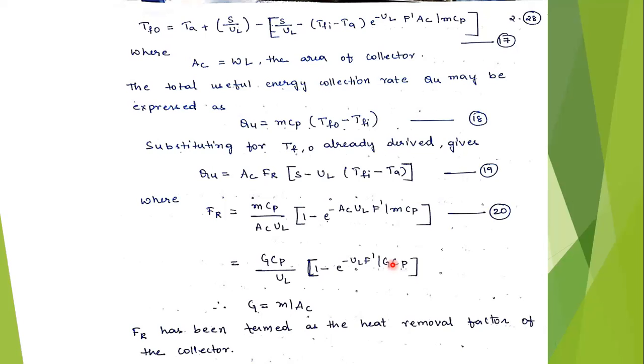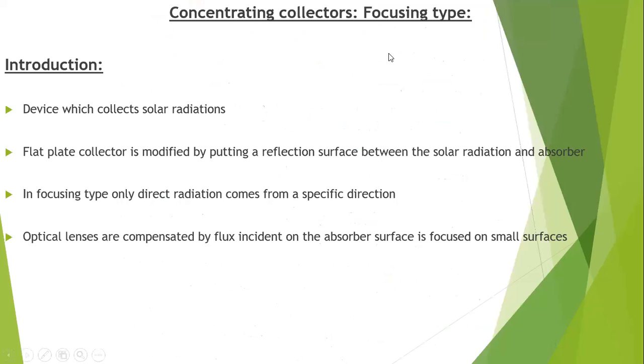In the next classes we will see the second type of collector: concentrating collectors. So until now we have discussed flat plate collectors. These flat plate collectors are different from concentrating collectors.